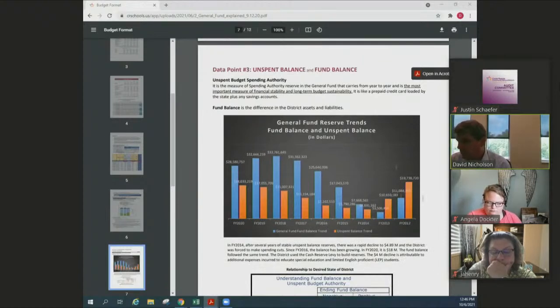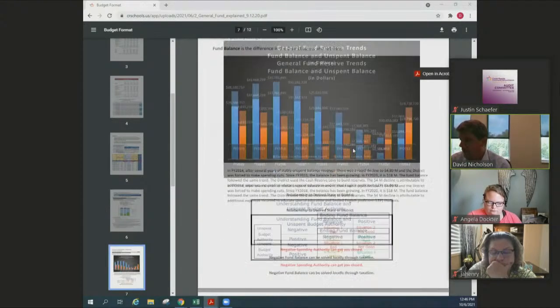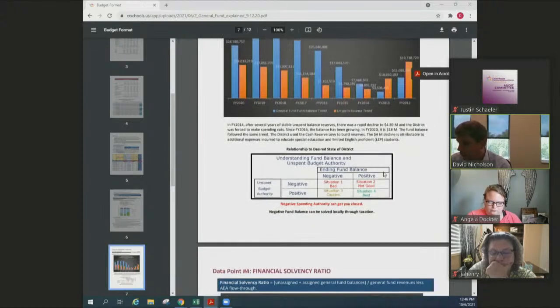So we already talked about our unspent fund balance, so I'm not going to go into that, but I do want to talk a little bit about comparing fund balance and unspent balance authority. When you're looking at the unspent balance authority and ending fund balance, how they tie in together. The best situation is to have a positive fund balance and obviously a positive unspent balance.